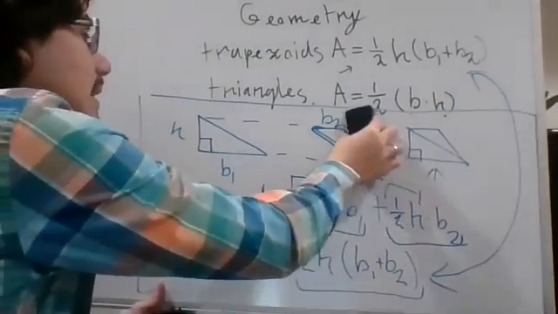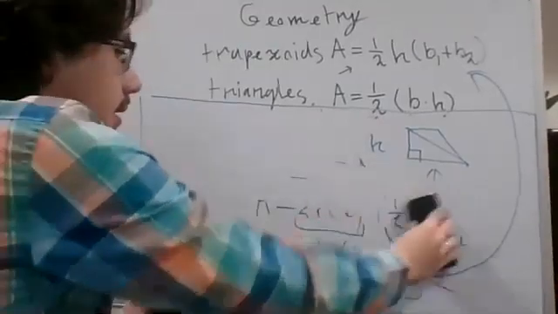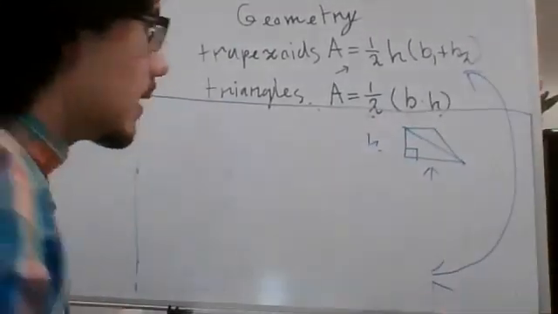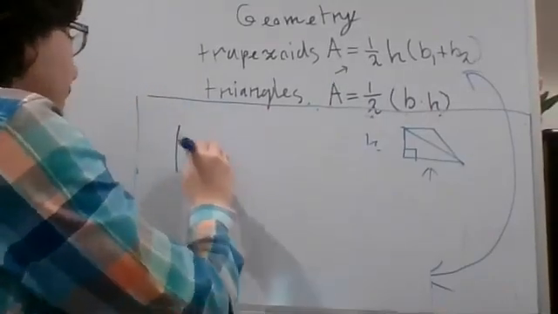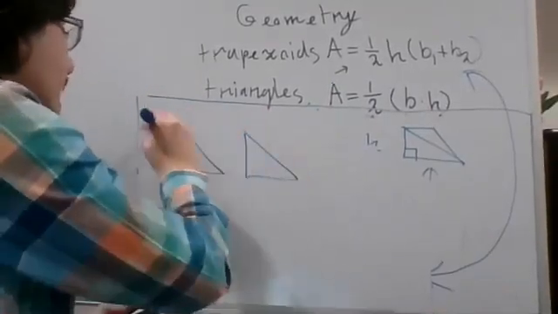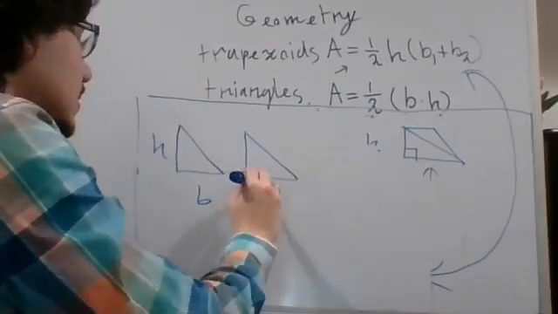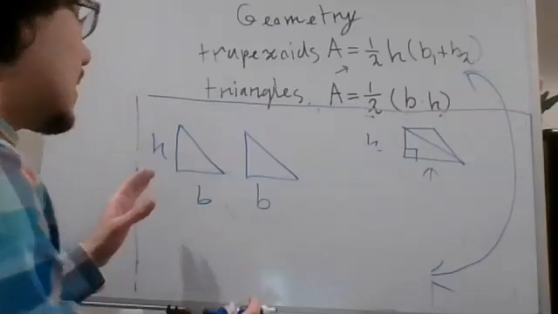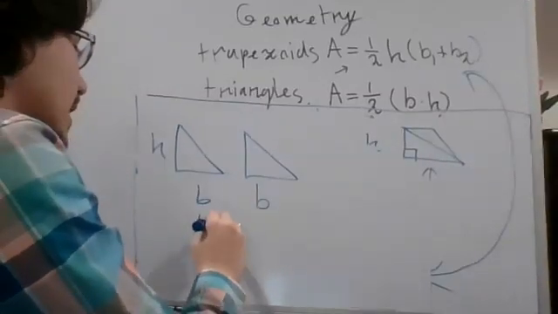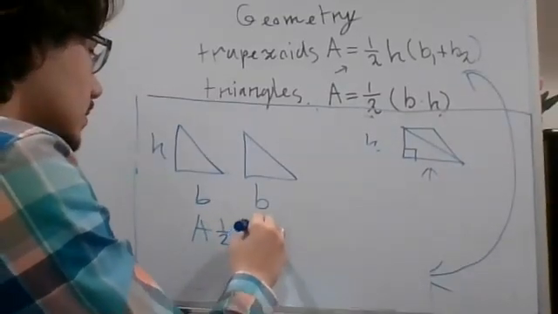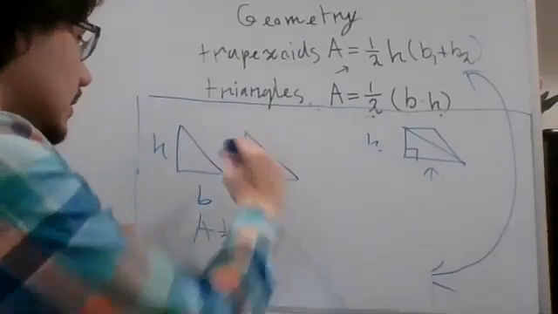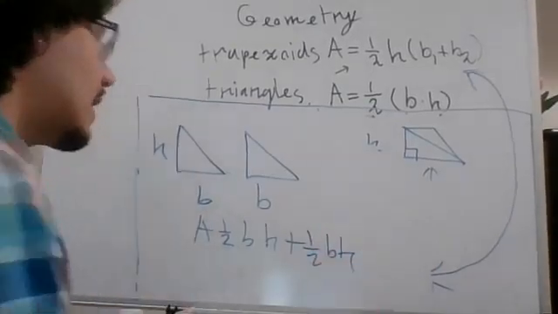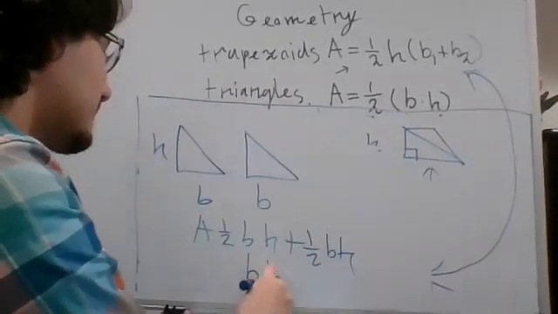The reasoning behind this would be if you had two triangles which were equal, let's say two right triangles which were equal, they had equal height and equal base, then what you can do is that since the area is 1/2 base times height, you can just add both of them together and you would get a square.